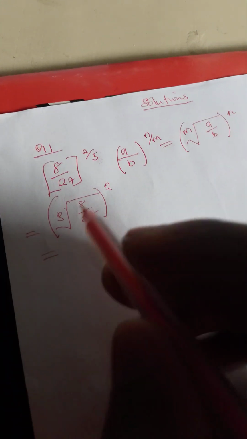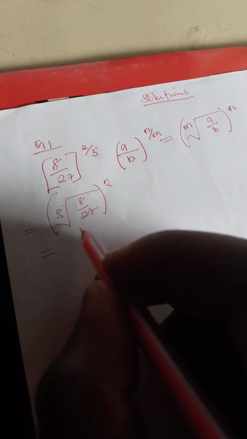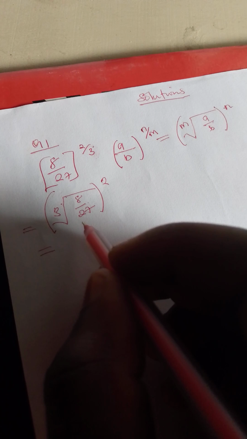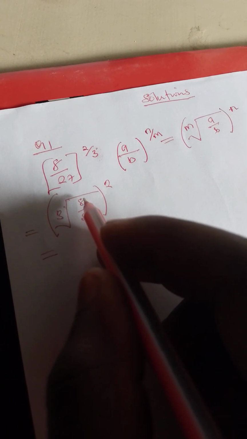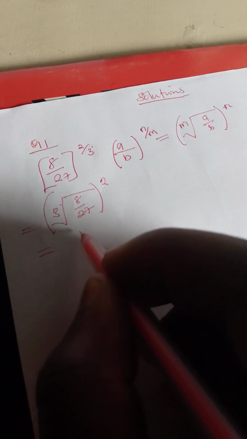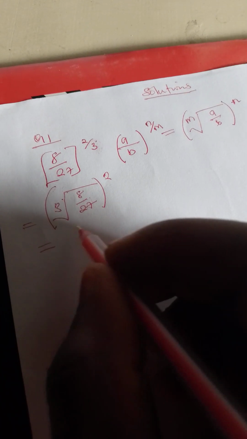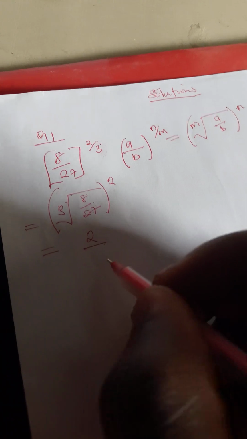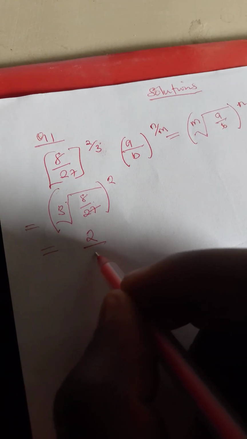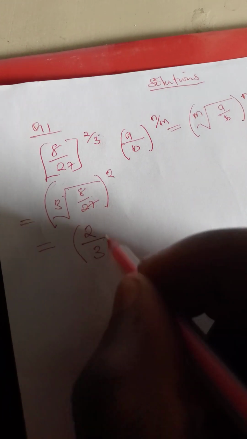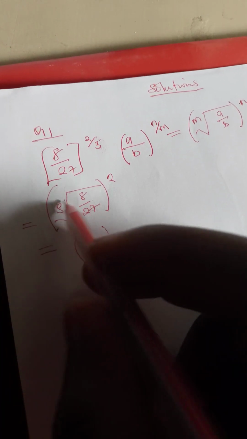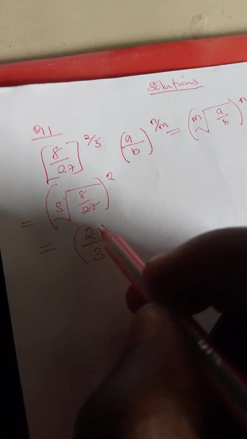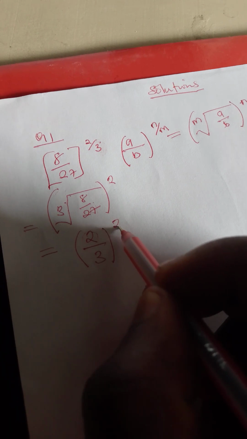The number that gives 8 is 2, and the number that gives 27 is 3. The root has gone, then we raise to 2.